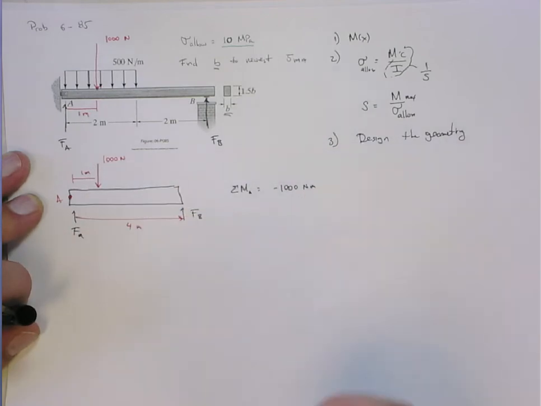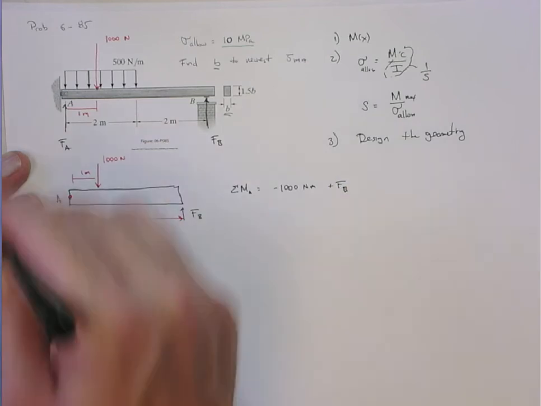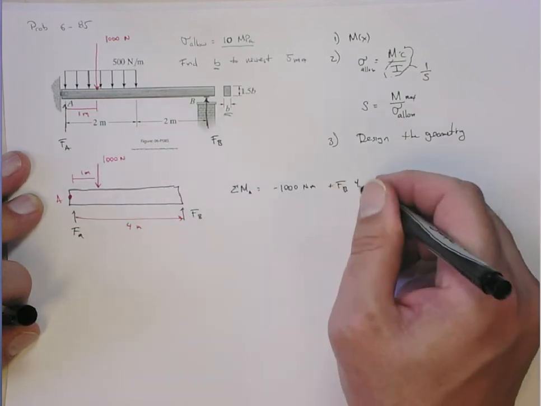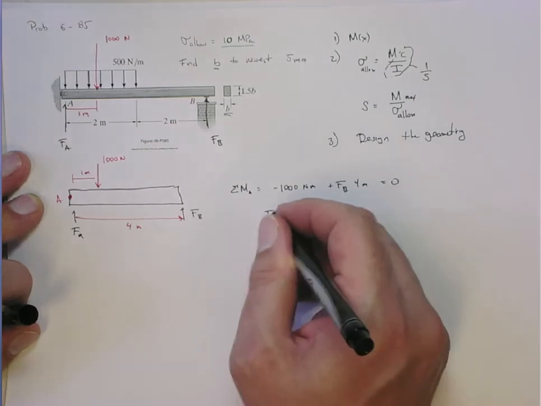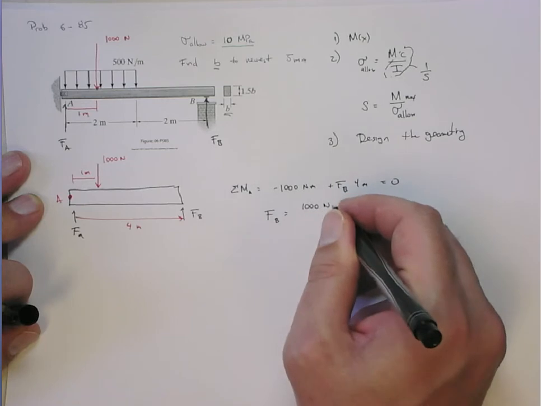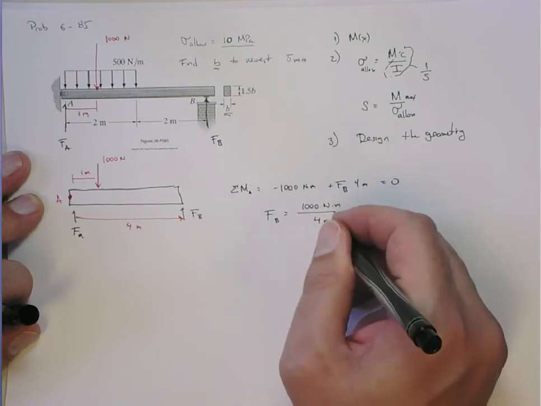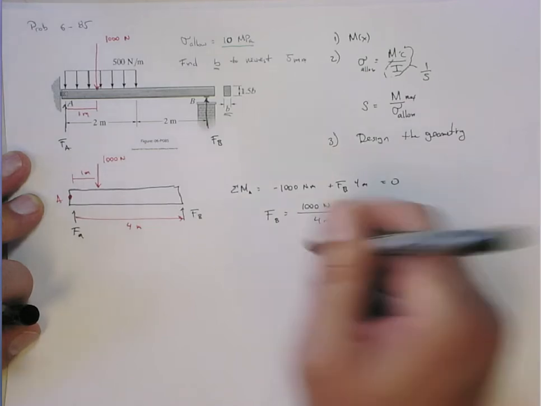And then FB is a positive moment, and its moment arm is 4 meters. That has to go to 0, so that tells me that FB is 1,000 Newton meters over 4 meters, which is 250 newtons.